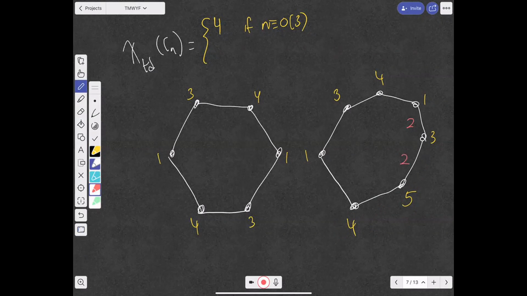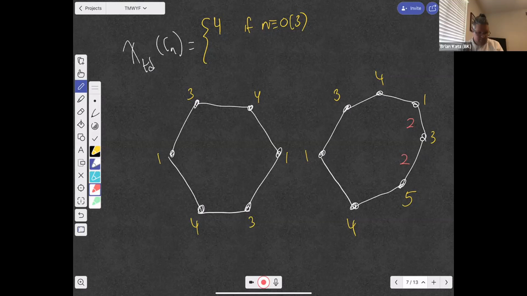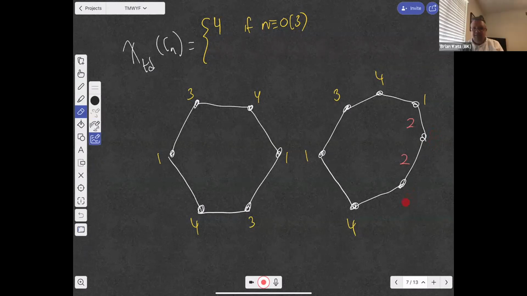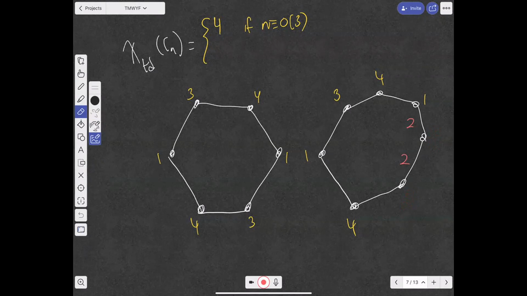But maybe if we put it between the 1 and the 3, it might work. Isn't that still 2 and 2 next to each other? If we put the 5 between the 1 and the 3, there should be a 4 and a 2 next to each other, sorry, right?